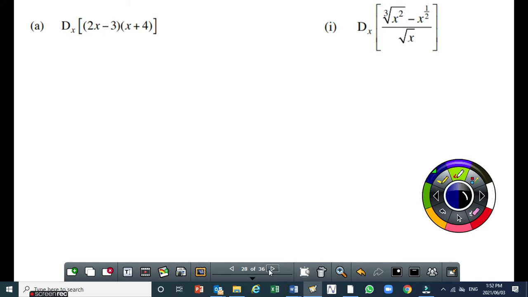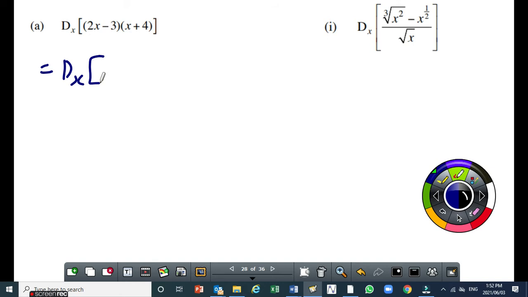Right, question 2a. This one here, because we are multiplying a binomial by a binomial, we have to find the derivative of that product. We have to remove the brackets first using FOIL. So the next step here would be to write d of x, because I'm not finding the derivative yet.